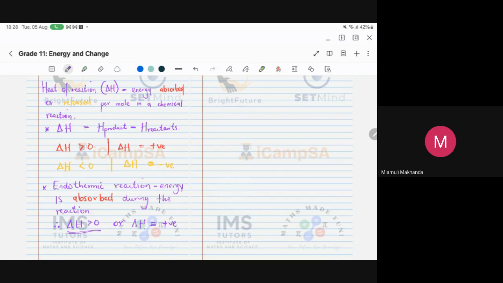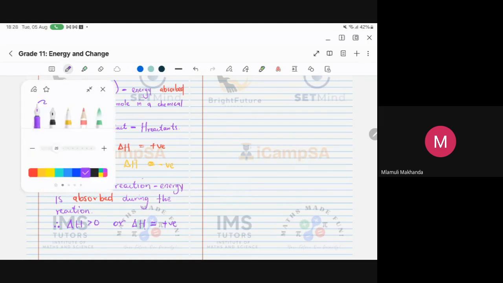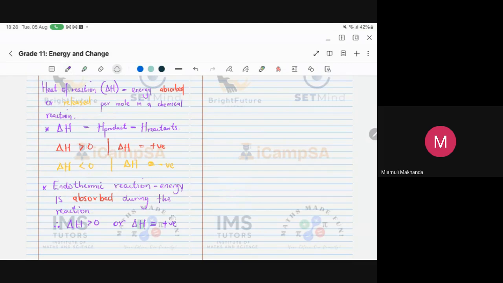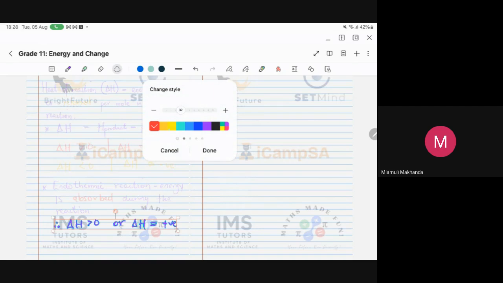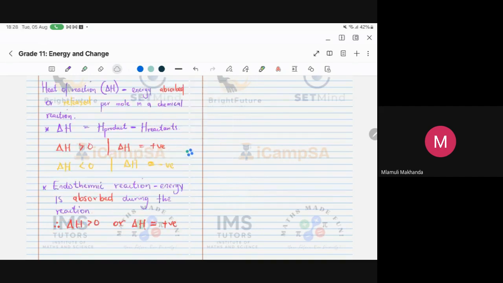Sometimes they won't put the positive sign in front, but you know that if I give you a value and there's no negative sign in front of it, it automatically means that value is positive in this context. Right. So this would be your endothermic reaction. So this is how it would look, right?